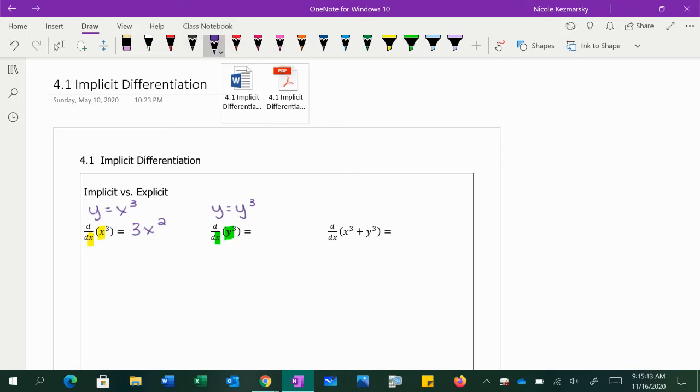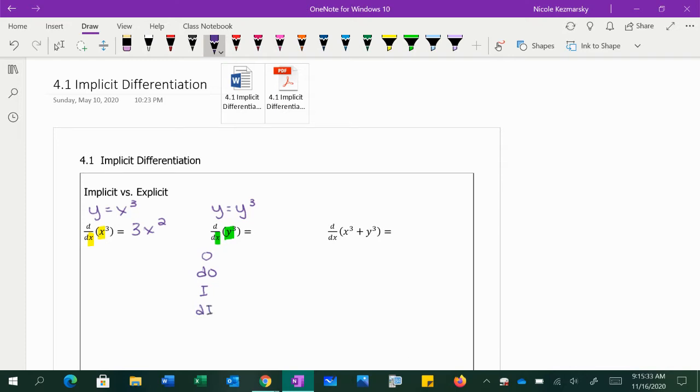So what we do is we take the derivative as we normally would, but we actually apply the chain rule. So I'm going to go ahead and do this as if it was a chain rule problem and say outer, derivative of the outer, inner, derivative of the inner.